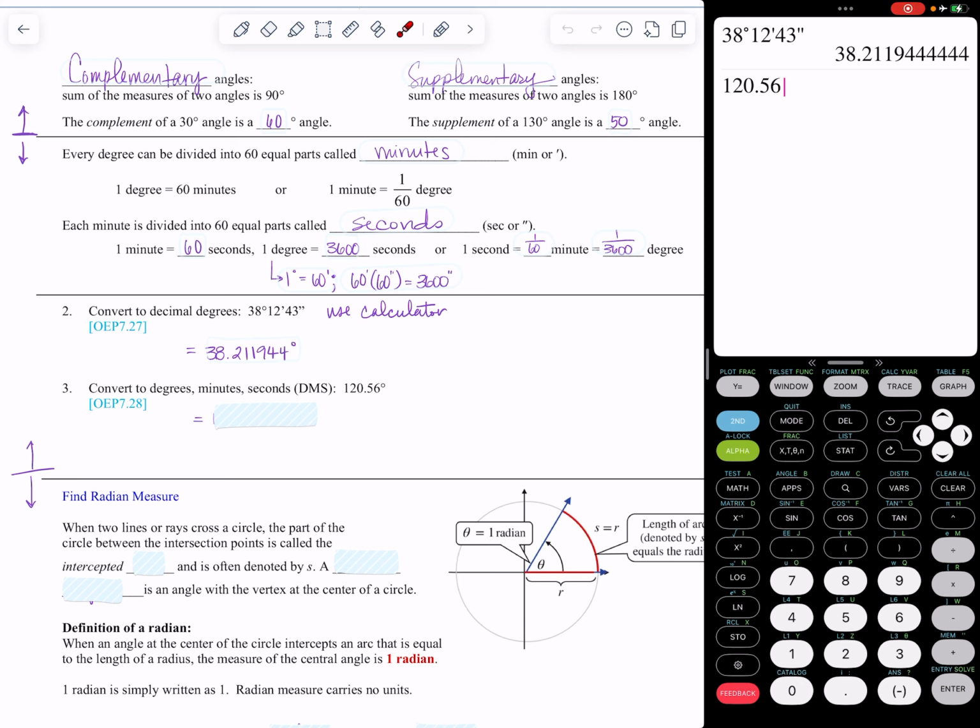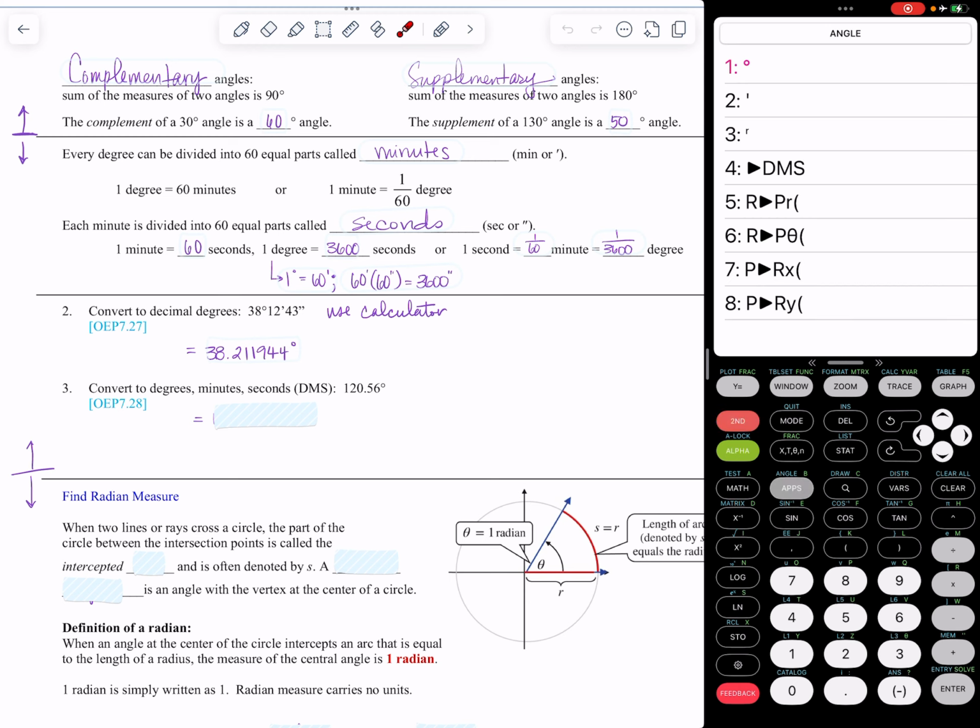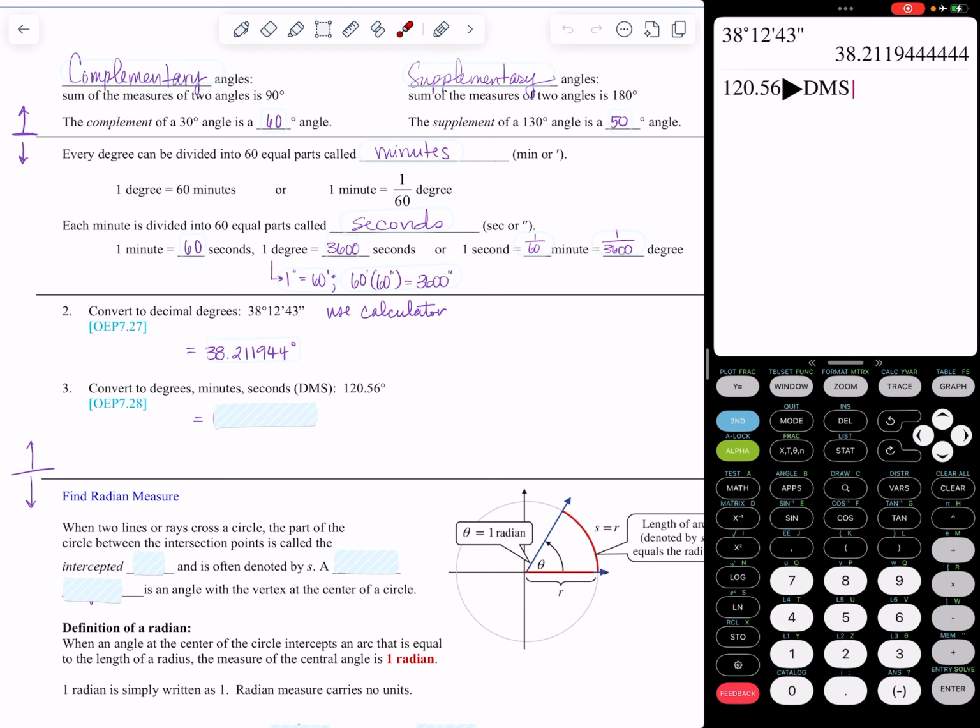Now, this is something that we don't actually even have to put in the degree symbol. So go into your angle menu, second apps, and really all we have to do is just hit number 4. So that my home screen then will say 120.56, and then it's going to change this into DMS. And so then you see that you have 120 degrees, 33 minutes, and 36 seconds.